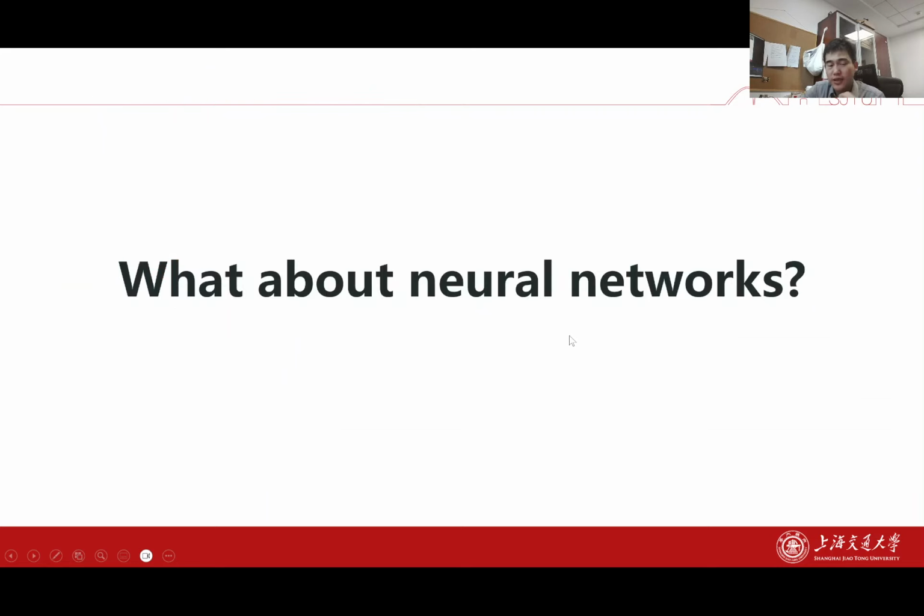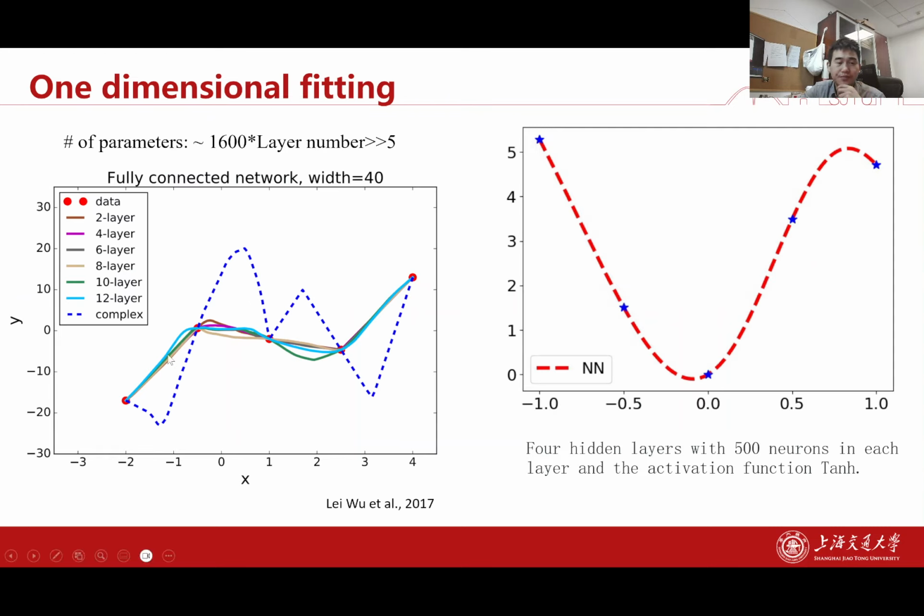Now we can take a look at a very simple example of one-dimensional data interpolation. Suppose we have these five data points, and we use neural networks of different depths, from 2 layers to 12 layers. You can see the neural network can easily fit all these 5 data points, but it looks like they don't have much fluctuation. So the question is, can the neural network fit the data with a fluctuating curve? Yes, it can.